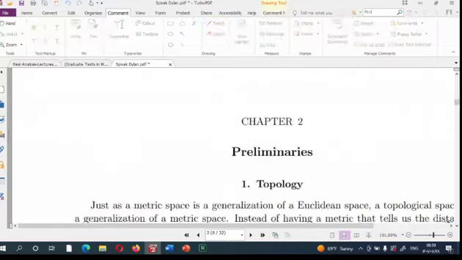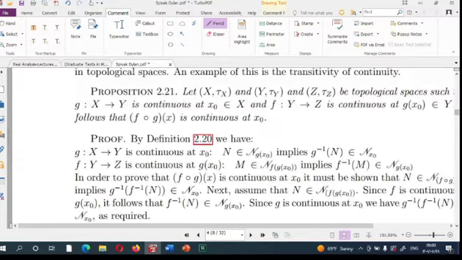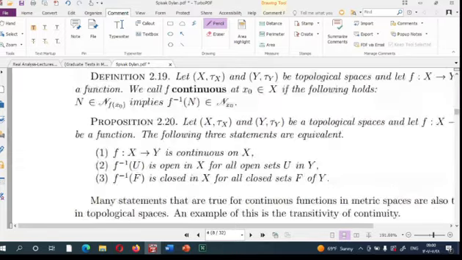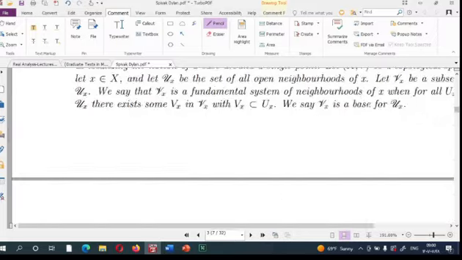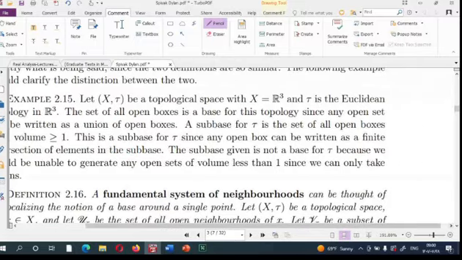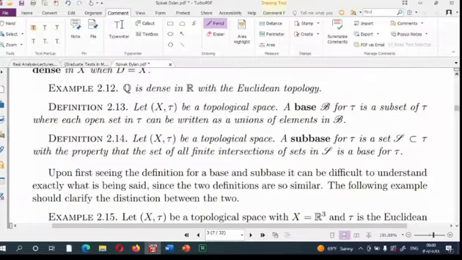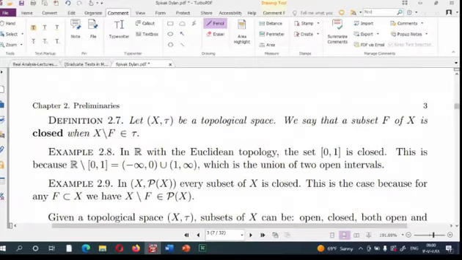And definition. Okay, definition: let X and tau be a topological space.